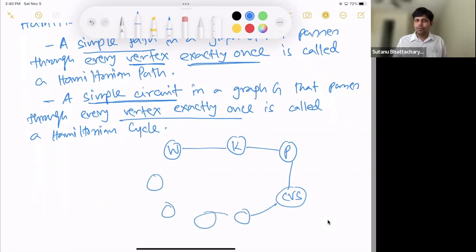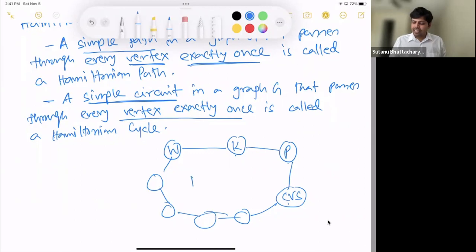This is Aditya's goal. Now, Aditya needs to find the shortest path to cover all destinations, visiting each exactly once. He needs to visit Walmart, Kroger, Publix, CVS, but in any order. But he will visit one destination exactly once.